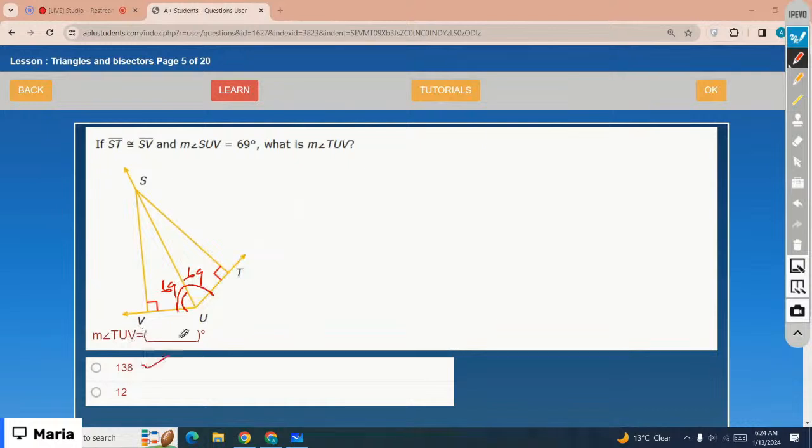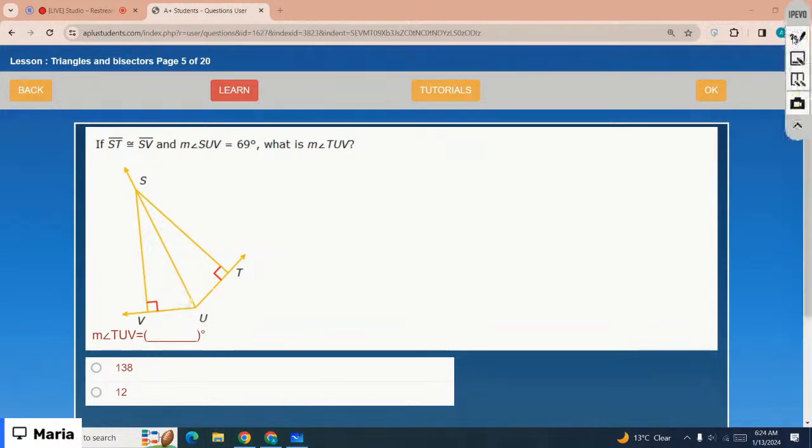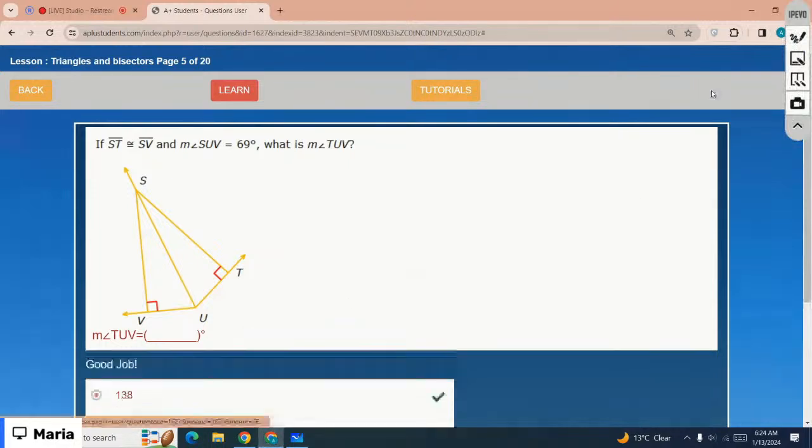That equals 138. So the correct option is 138 degrees. Got it?